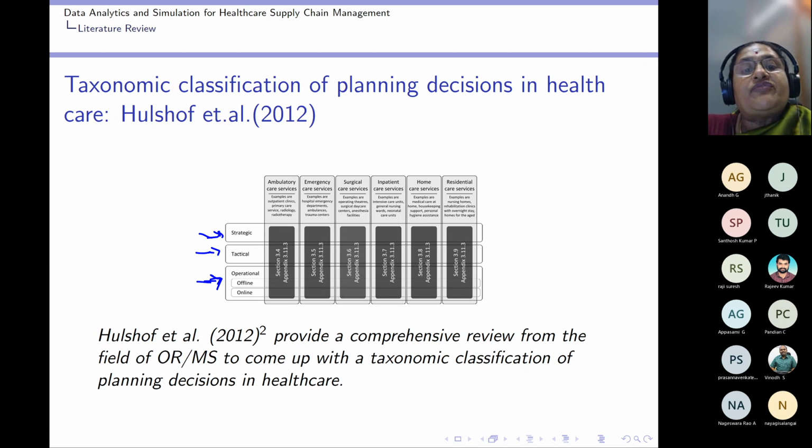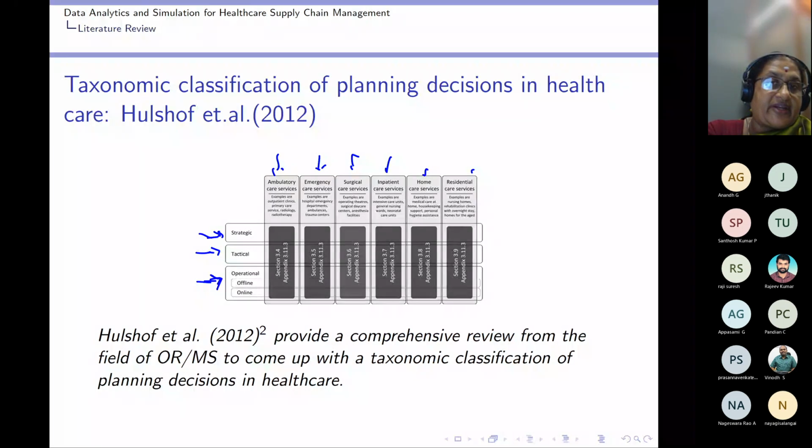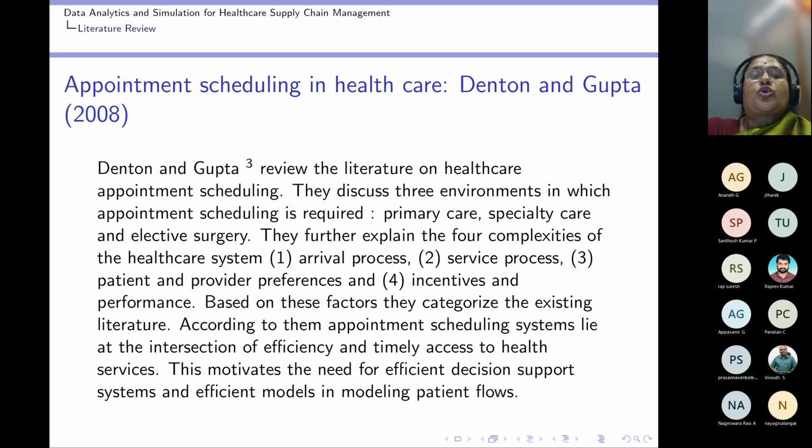Within each of these planning decisions, we have ambulatory services, emergency care services, surgical care, inpatient, home care, and residential care services. You can see that patient scheduling occurs in one of the schedules. So this paper again is a very comprehensive review from the field of ORMS to come up with a taxonomic classification of planning decisions.